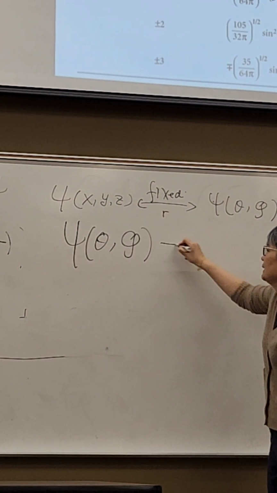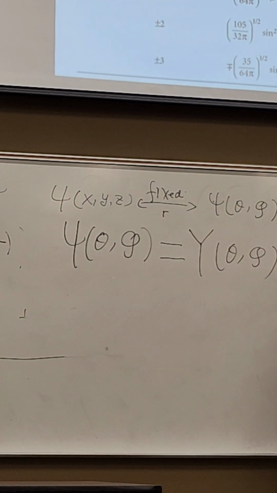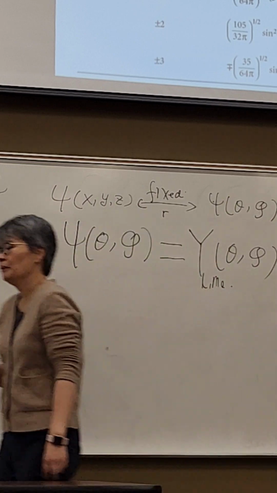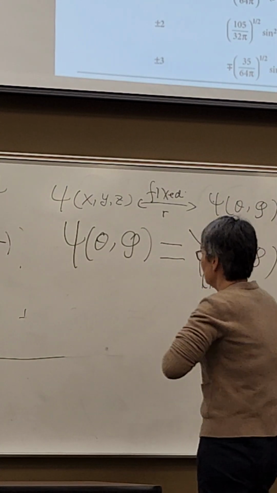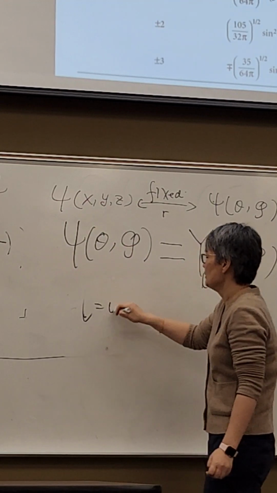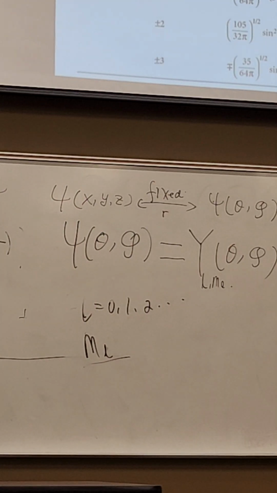But in this case, the function only carries the variables for the angles, so we use a Y to represent it. There's really nothing fancy. And in this wave function, we will have two quantum numbers, L and m_l. And I said m_l values are constrained by L. Now L can take 0, 1, 2, keep going, and m_l, as I have mentioned, has 2L plus 1 values for each L value.